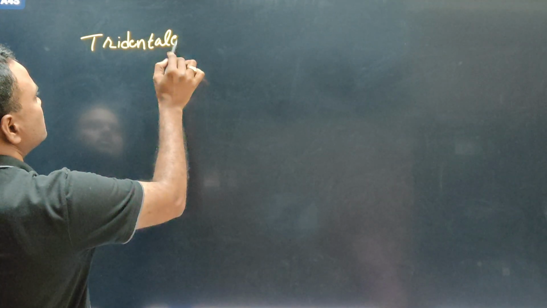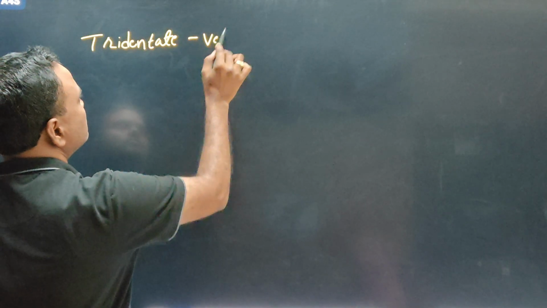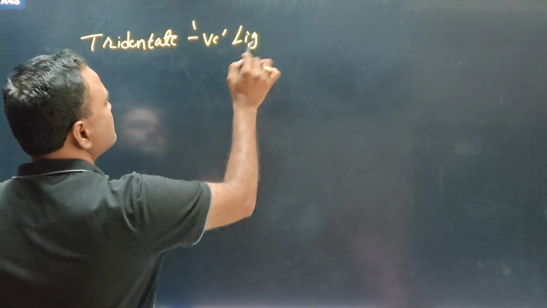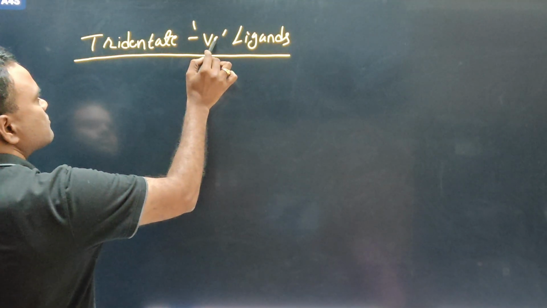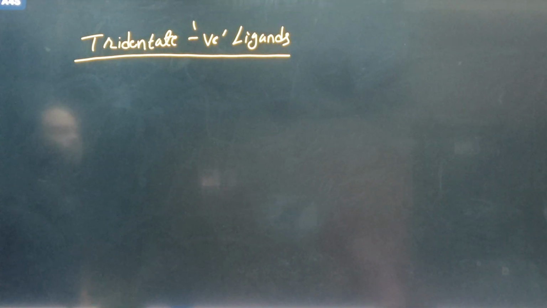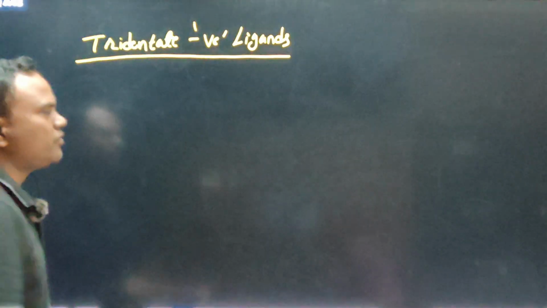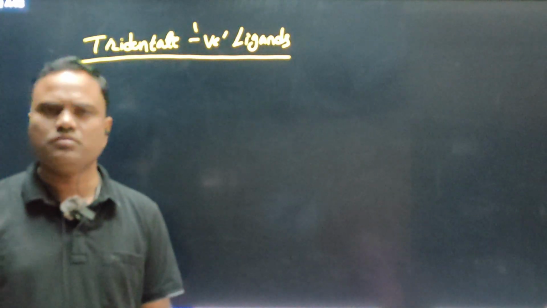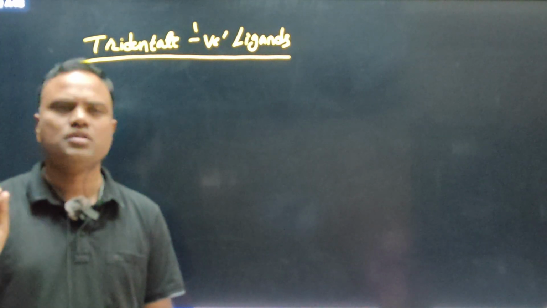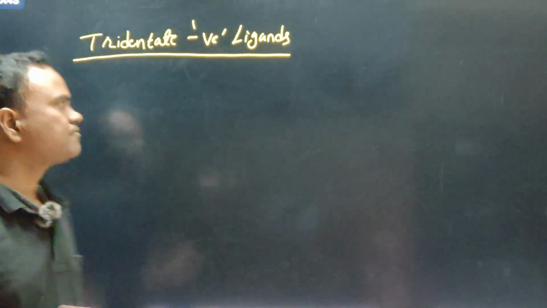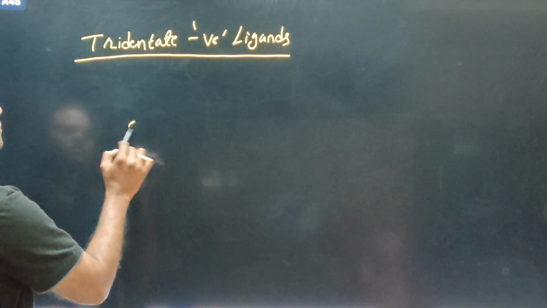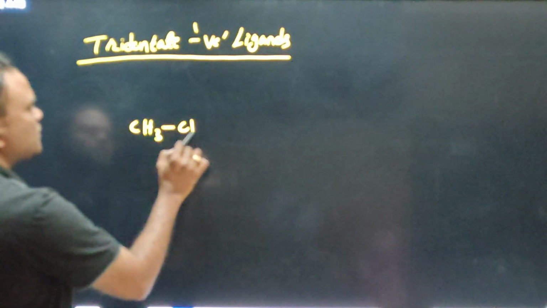Next, tridentate. First write negative. Now onwards there is no need to draw the table, because the examples are very limited only. Clear? Can you give its name?